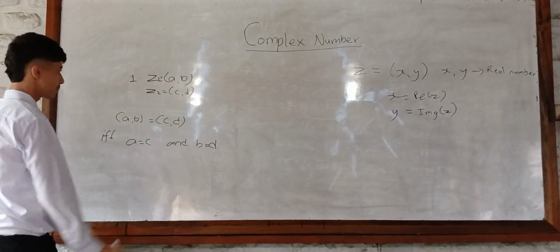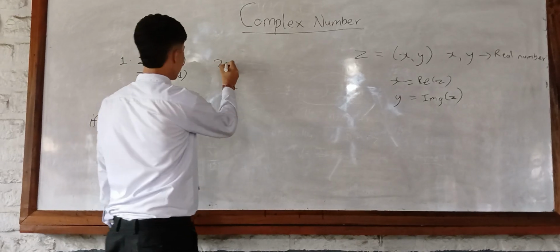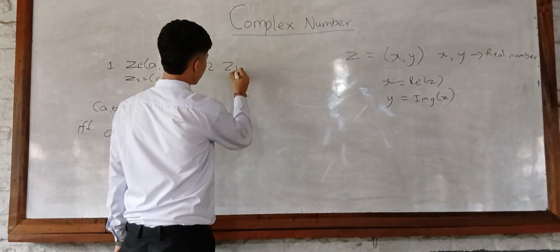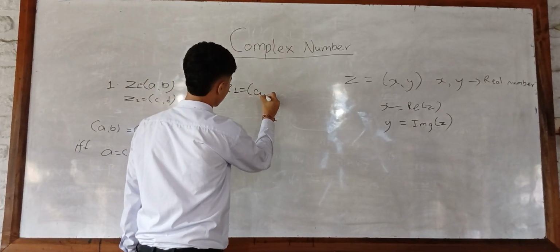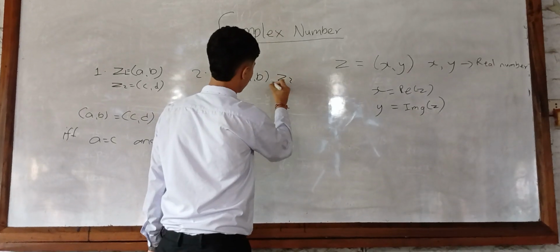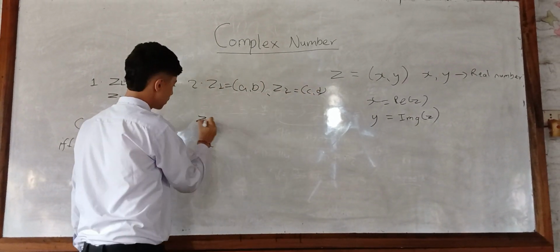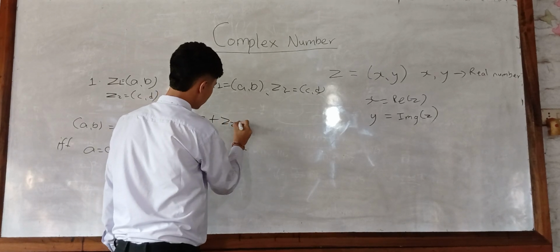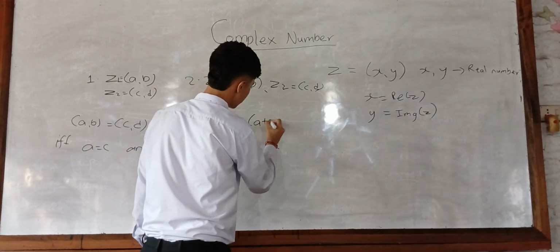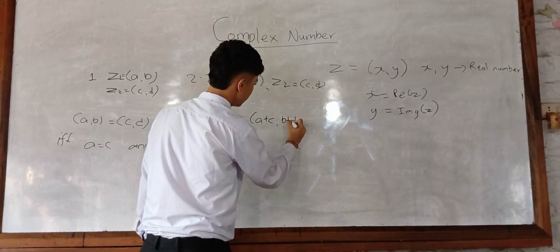This is the basic property. And the next one is addition: z1 plus z2 equals a plus c comma b plus d.